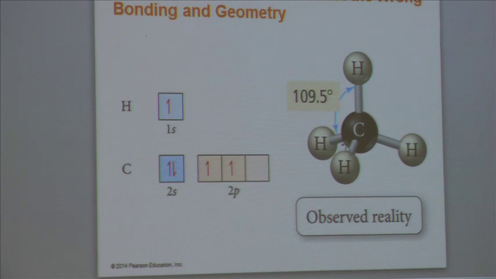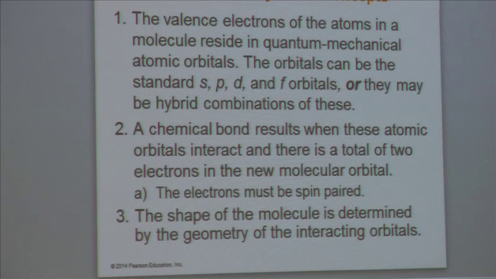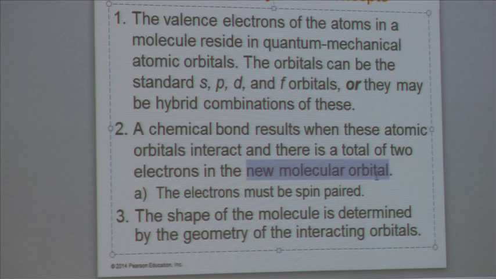So this is an sp3 hybrid orbitals, and which in fact is what we observe experimentally. The main concepts for the valence bond theory is that the orbitals can be hybridized, the chemical bond that results into a new molecular orbital.